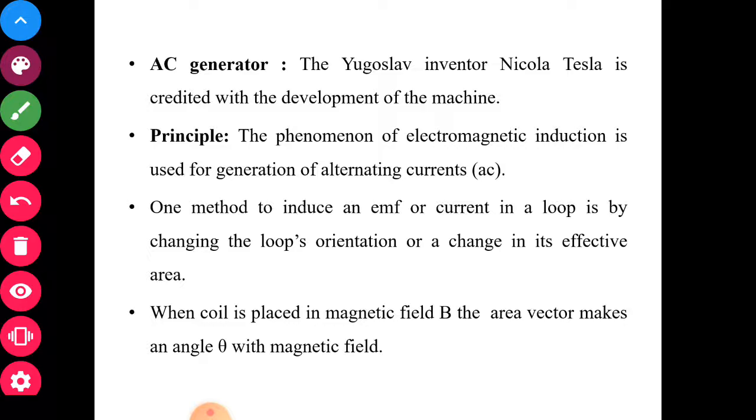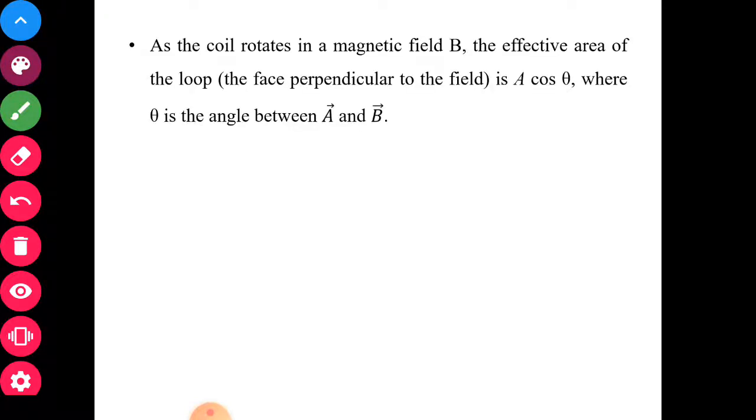When the coil is placed in a magnetic field B, the area vector makes an angle theta with the magnetic field. As the coil is rotated, what will happen? The magnetic field and area vector will have different orientations at different time intervals, or we can say the angle theta between the area vector and B continuously changes.